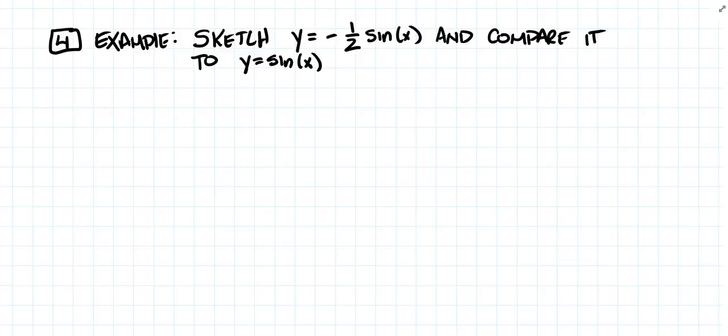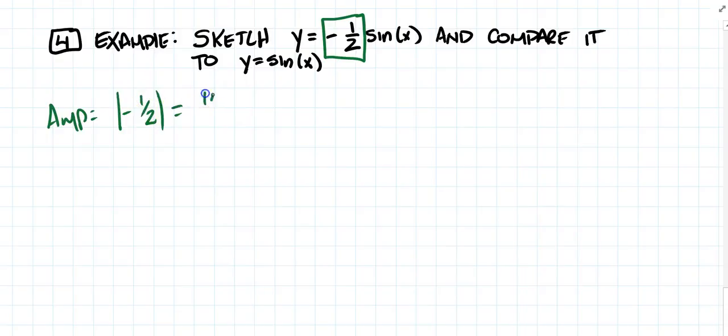We're going to sketch y equals -1/2 sine x and then compare it to y equals sine of x. Well, to note, I should realize that the number that's sitting out in front represents my amplitude. So therefore, the amplitude is going to be the absolute value of -1/2, which in this case is just a half.